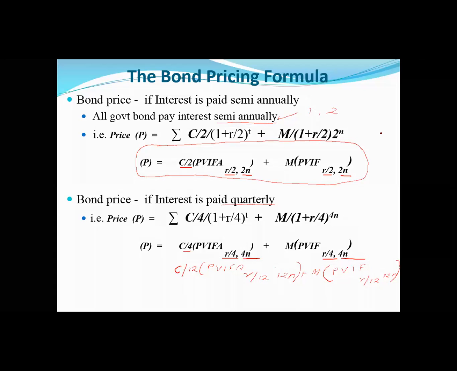The point that I'm trying to tell you is, as we keep on reducing the time frame, we calculated interest for year, then we came to half year, quarterly, monthly, then weekly, daily, hourly, now every minute, and now every second.